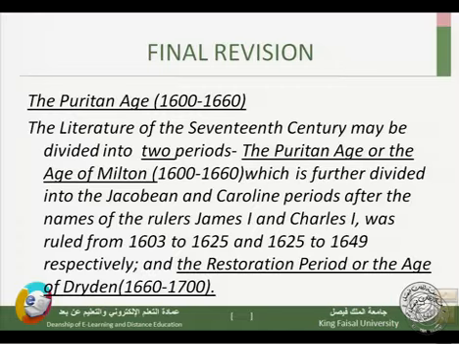They are, first, the Puritan age, or the age of Milton. This is period number 1, and it lasted from 1600 to 1660, and is further divided into the Jacobean and Caroline periods, after the names of the rulers James I and Charles I, who ruled from 1603 to 1625 and to 1649 respectively.